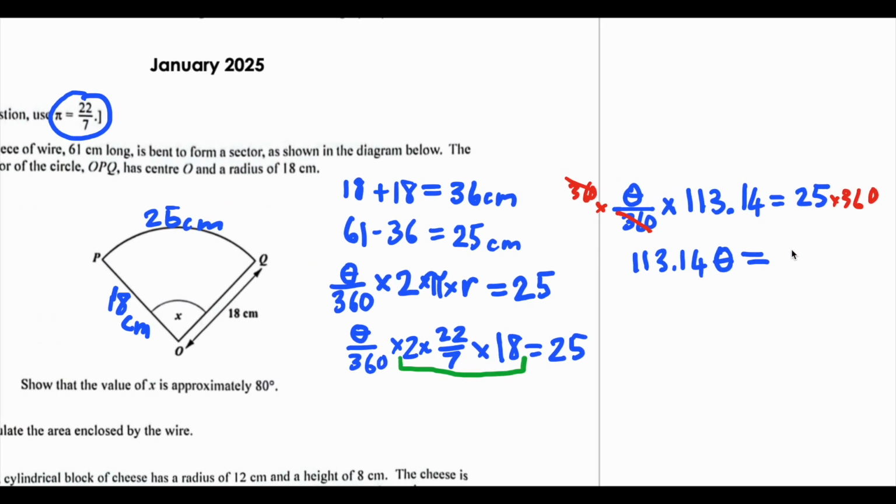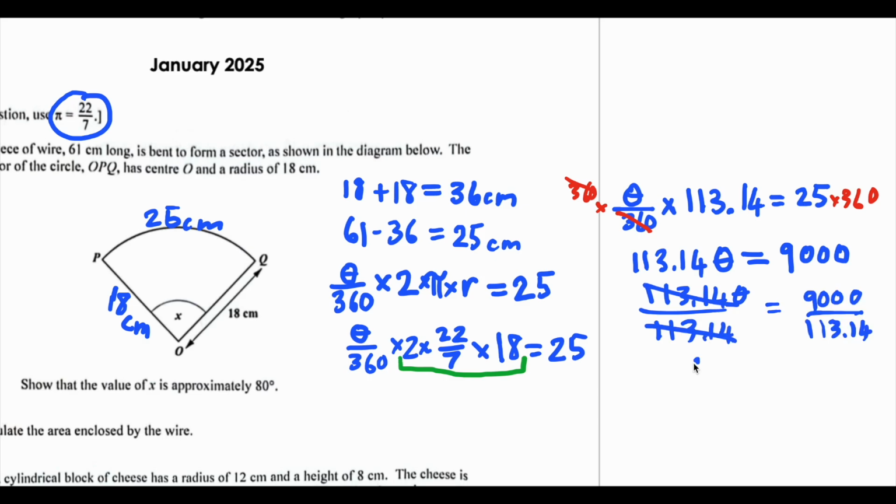Now, to get theta by itself, I have to divide both sides by 113.14. So theta would be equal to 9,000 divided by 113.14.